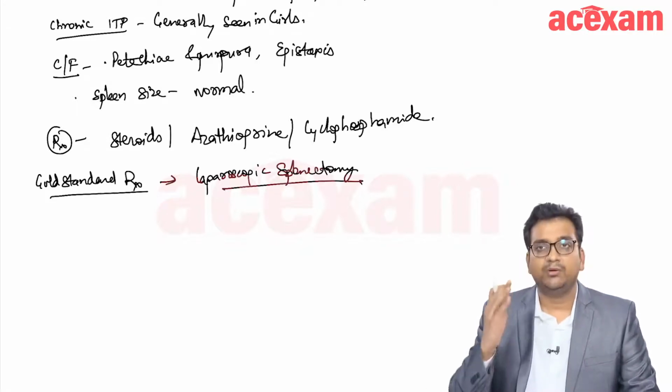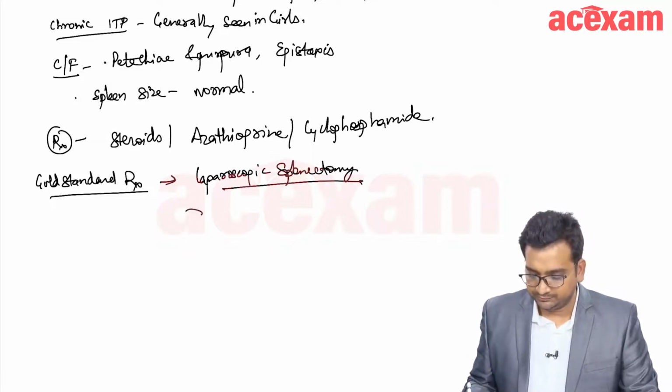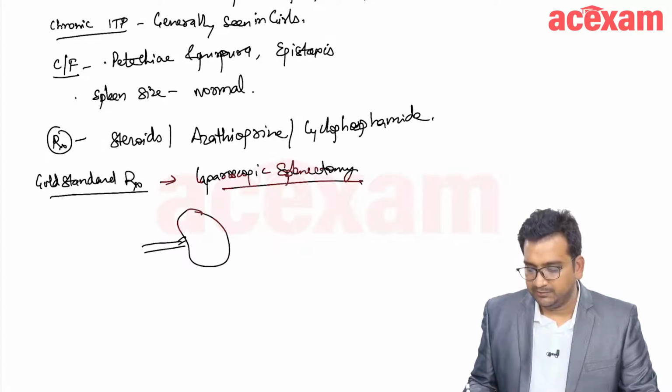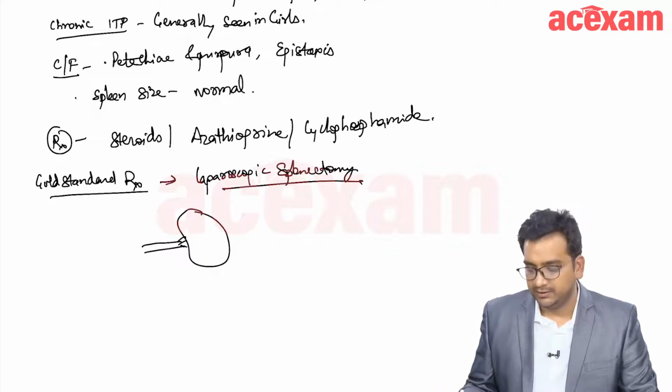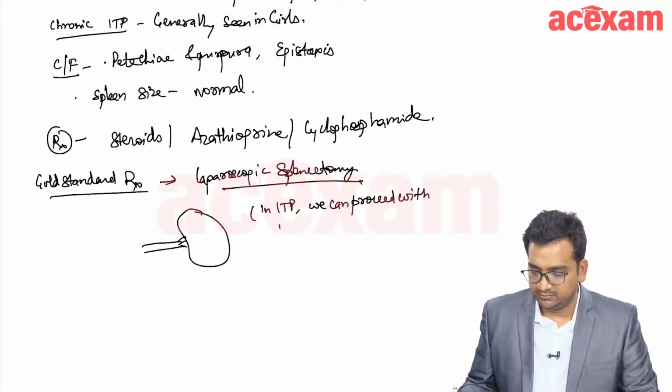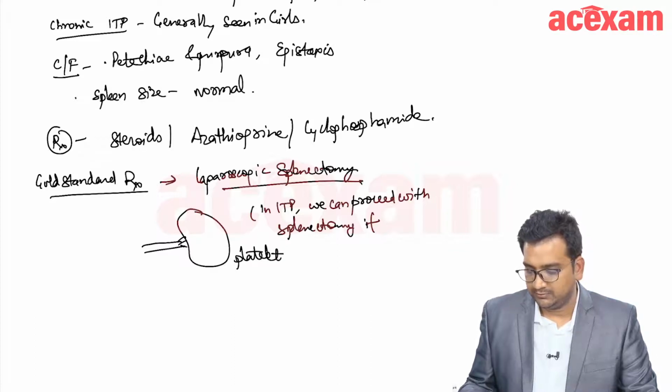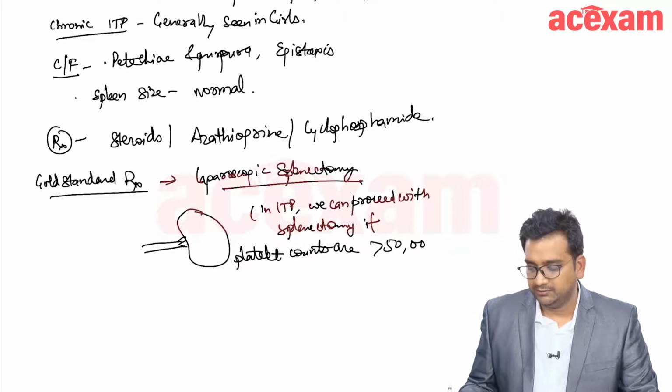Now, in splenectomy, can we go for a splenectomy if the patient is having a low platelet count? In ITP, we can proceed with splenectomy if platelet counts are more than 50,000.